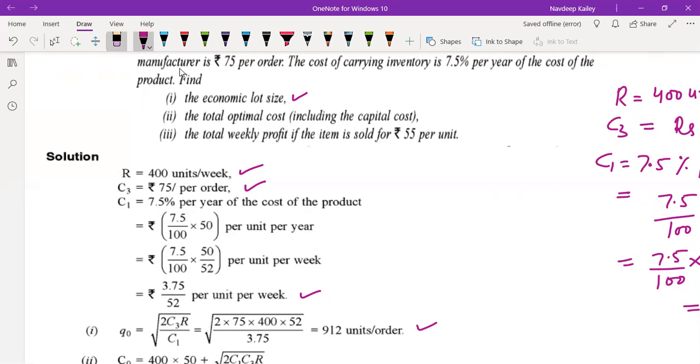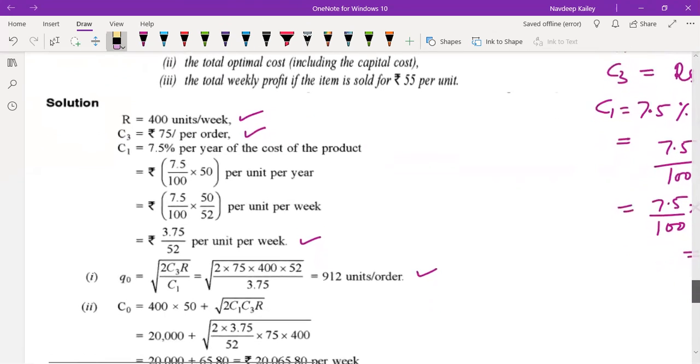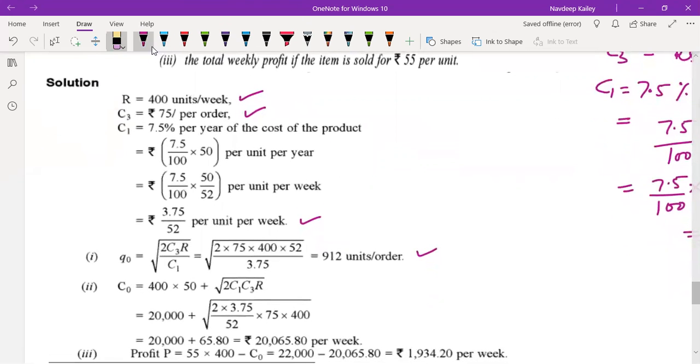And further we have to calculate the total optimal cost, including the capital cost. We have also to include the capital cost. Therefore, optimal cost is, because we have to order 400 units per week, and the product rate is rupees 50 per unit from the manufacturer.